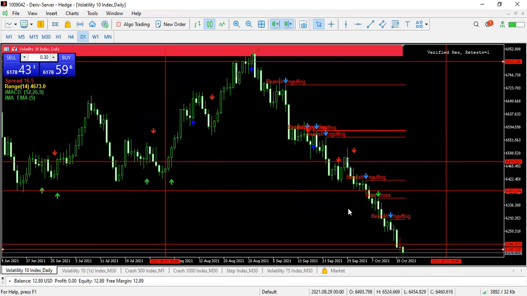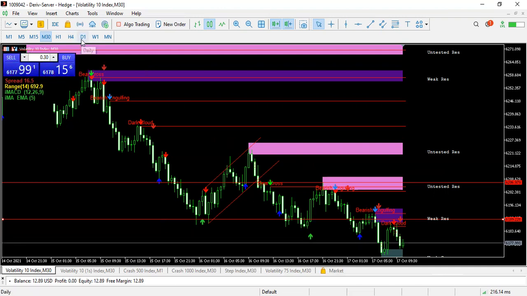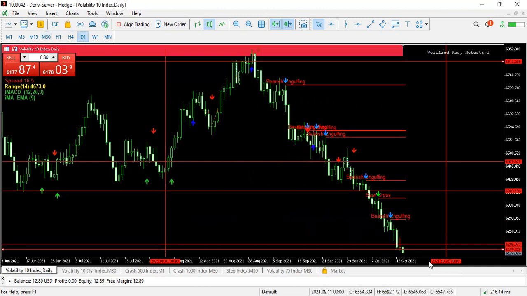But instead of him knowing that this market is a selling market based on D1, he went and placed a buy at the lower time frame, not knowing that what the market did that prompted the buy in the lower time frame is just a pullback here.